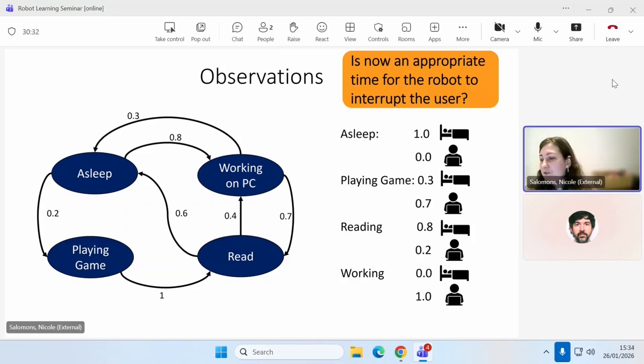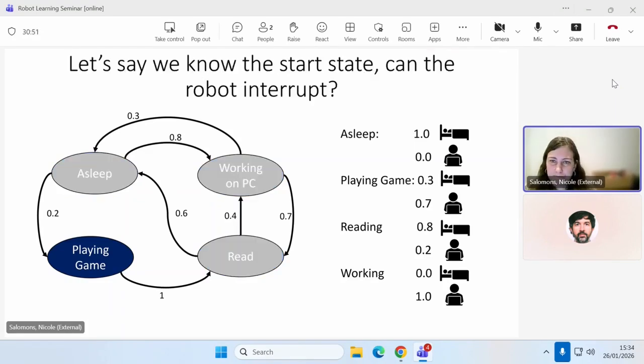Reading, most of the time they do lying down, sometimes they do sat at their desk, and working, 100% of the time they're sat at their desk. So those are all observations that we get from the user to get some hint of what state they're truly in. We don't actually know whether they're working or not, or whether they're playing a game or reading.